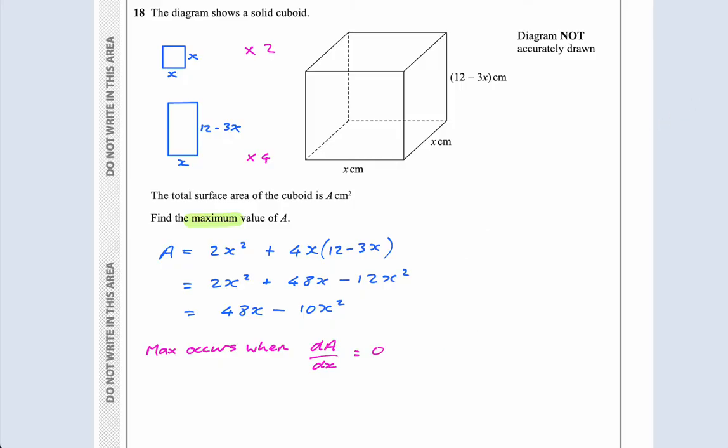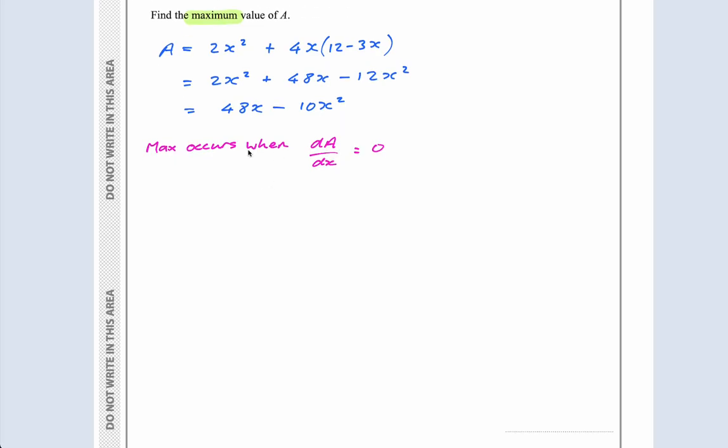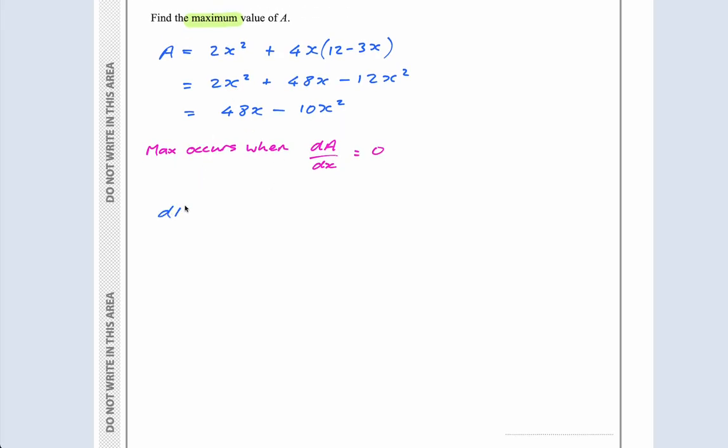So I need to get the derivative. If that's A, dA/dx is multiply by the power and subtract 1 from the power. So 48x becomes 48. 2 times 10 is 20, and 2 minus 1 is x. There we go.